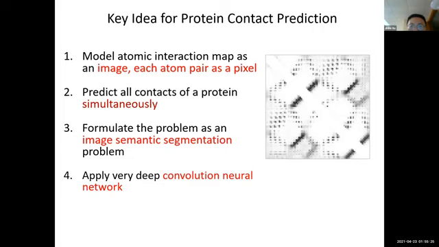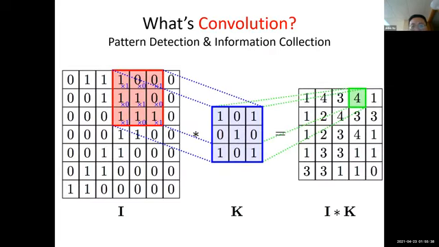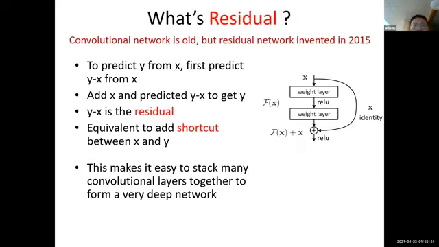By using this kind of image to model a protein structure, we can predict all contacts of a protein simultaneously using a convolutional residual neural network. Here, I assume everyone knows what convolution is, and I just want to mention the residual. Residual is very important, because it enables us to use a very deep convolutional network.